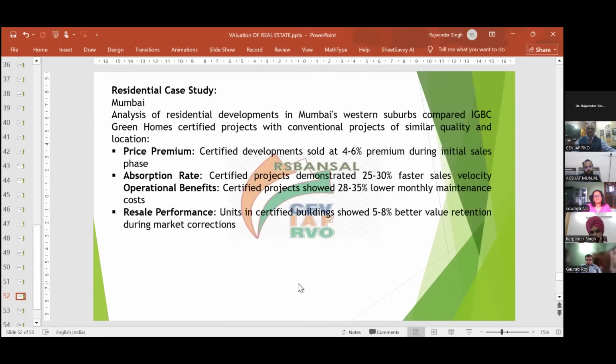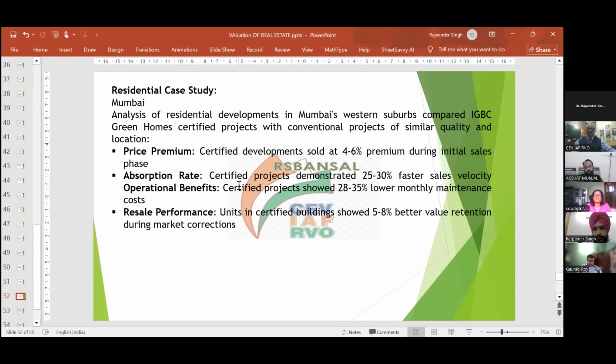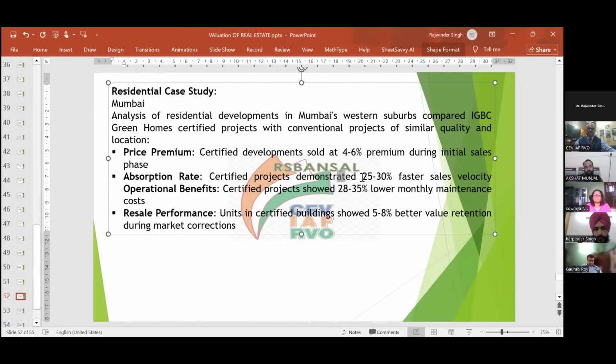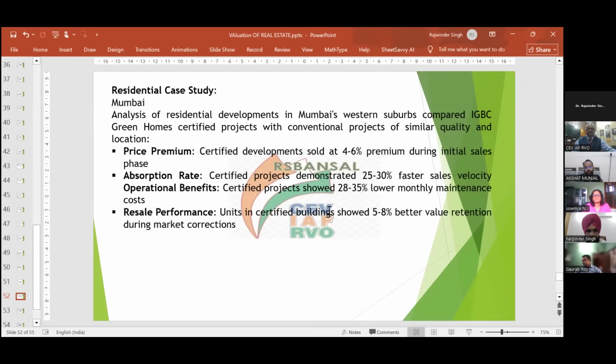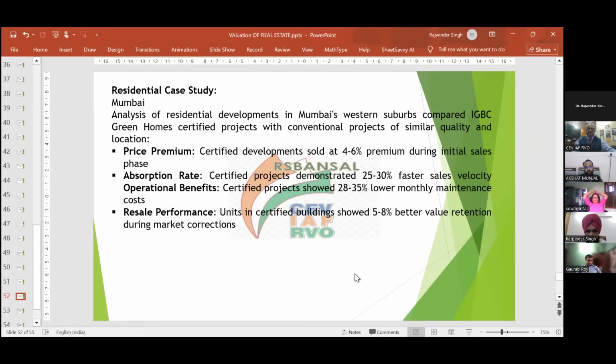Similarly, in residential case studies, IGBC green homes certified projects have 4 to 6% higher pricing during initial sale, and with the passage of time, these projects demonstrate 25 to 30% higher sale velocity, 25 to 35% monthly maintenance cost reduction, and 5 to 8% better valuation retention during market corrections.